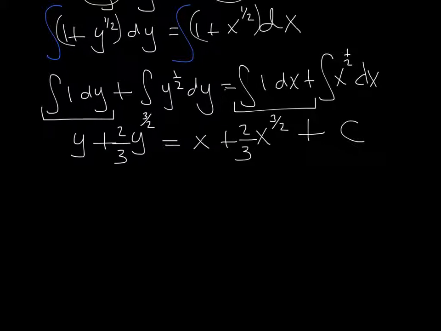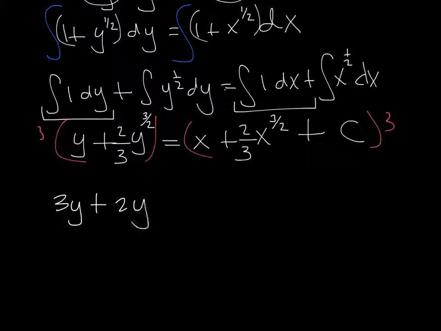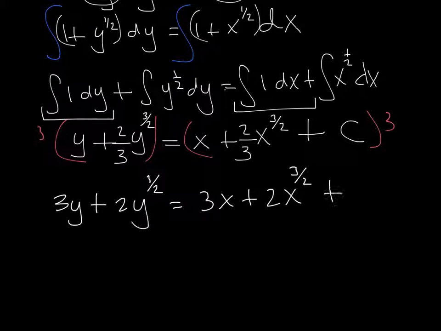And here the answer is no. To simplify this a little bit, I'm going to multiply everything by 3, because we're allowed to do this, just to make it look nicer. So we have 3y plus 2y to the 3 halves equals 3x plus 2x to the 3 halves plus, again, 3C, but I'm just going to call it C.